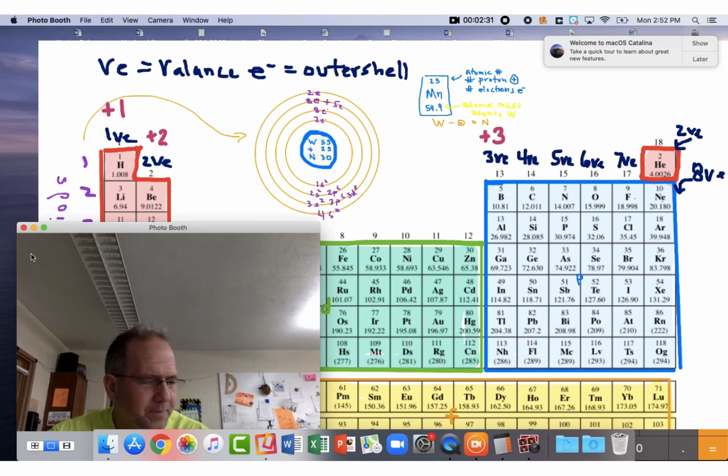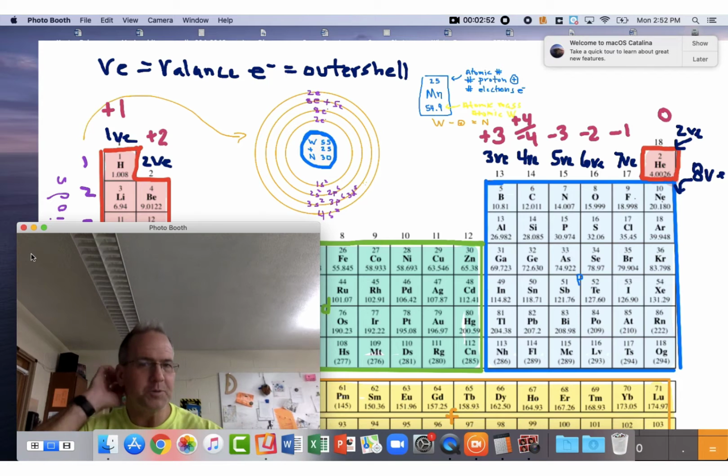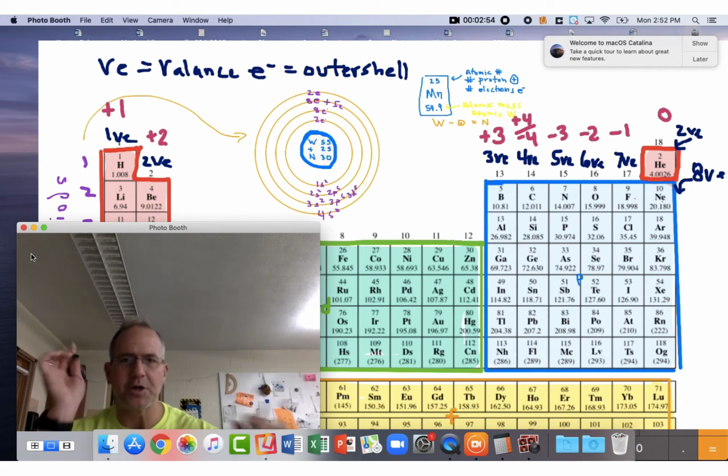Plus 3. We get to this next section, it could be plus 4, or it could be minus 4. We're going to go to the other side. The end column is 0. You'll never have to use that. Minus 1, minus 2, minus 3. Now, for the most part, that is the way the charges are set up.